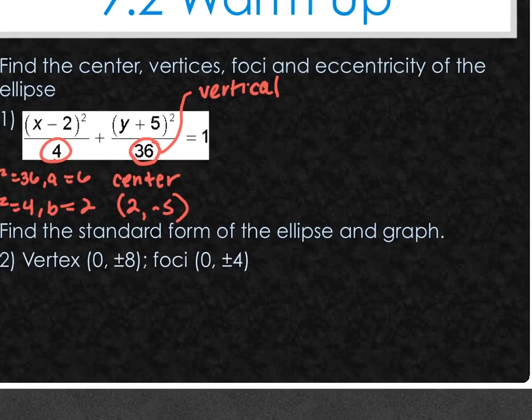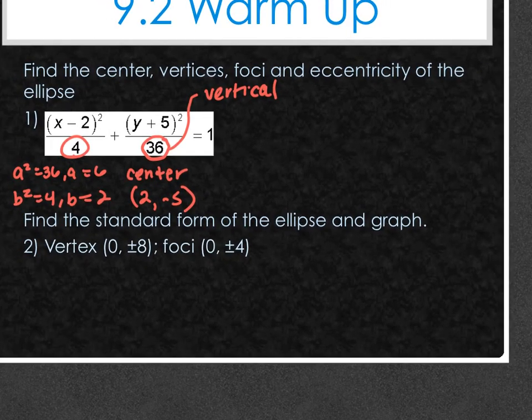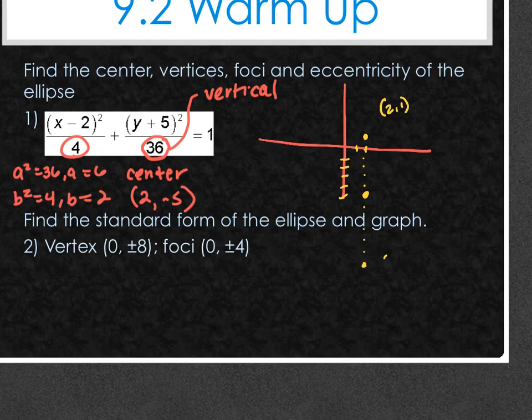So then from here, I can graph (2, negative 5). And because it's vertical, I'm going to go up and down a. So I'd go up 1, 2, 3, 4, 5, 6, which is (2, 1). Down 1, 2, 3, 4, 5, 6, which is (2, negative 11). Those are going to be my vertices.